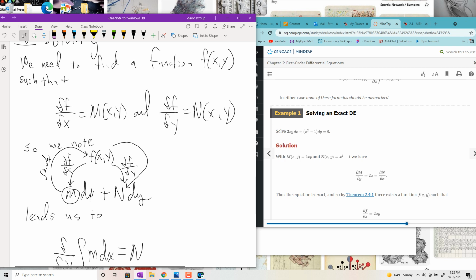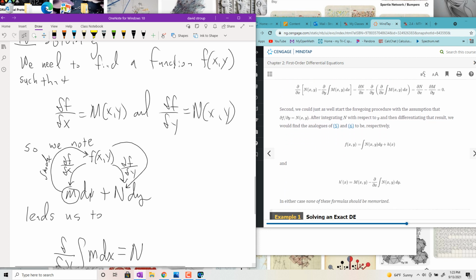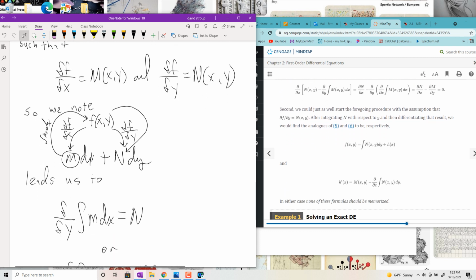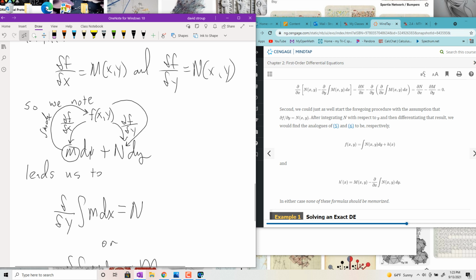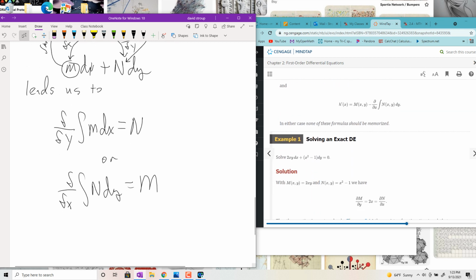That's really it in a nutshell. The book beats it to death, but you're just looking for this function. They give you M and N. So basically, you just integrate, then partial it, then equate. So let me show you.